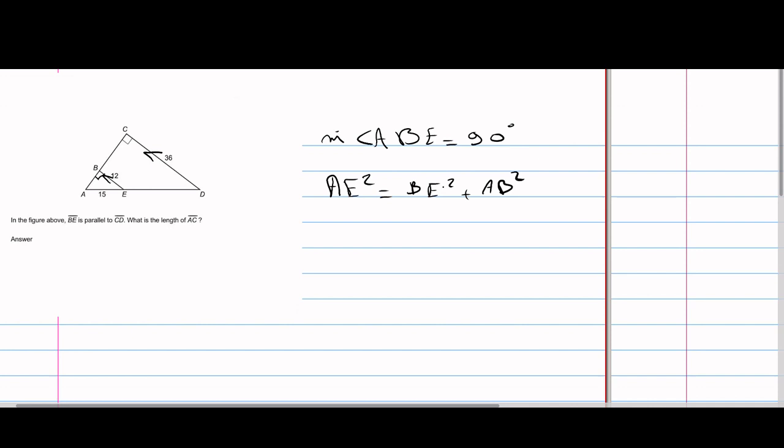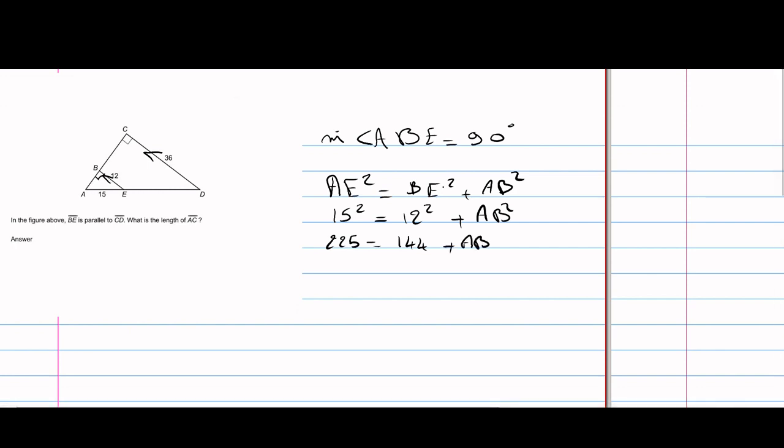Okay. AE square is 15 to the power of 2. I plug in the value of AE. Now BE square is 12 square plus AB square. I'm going to find it. 15 square is 225, 144 plus AB square.